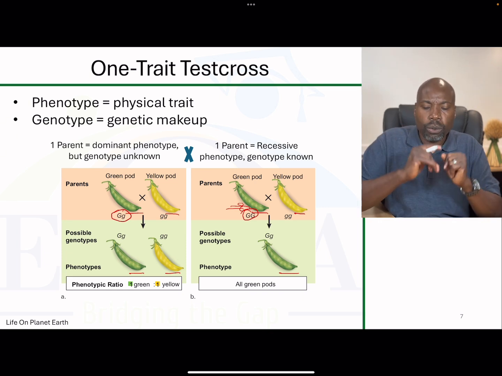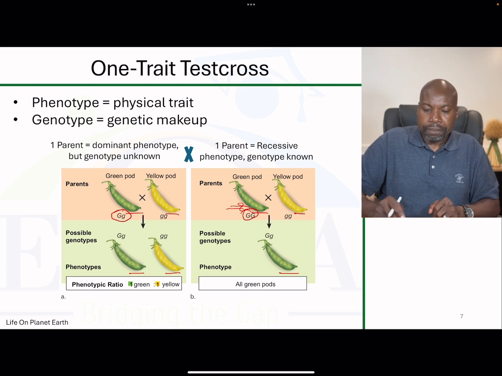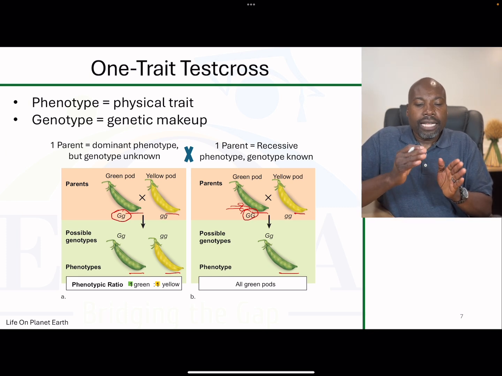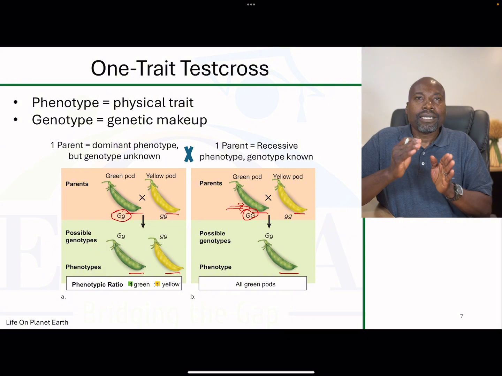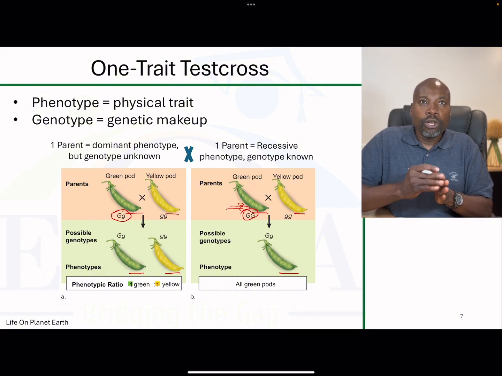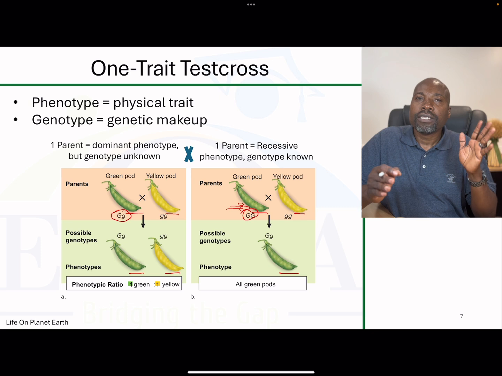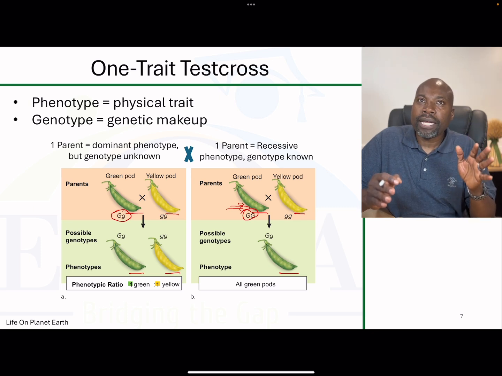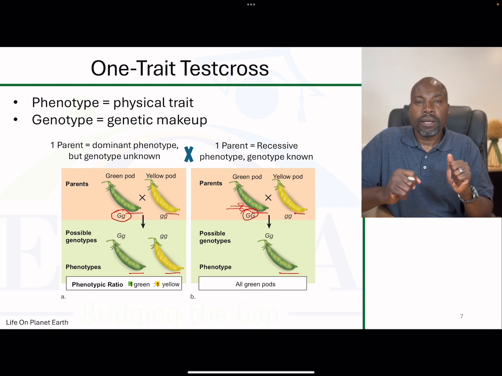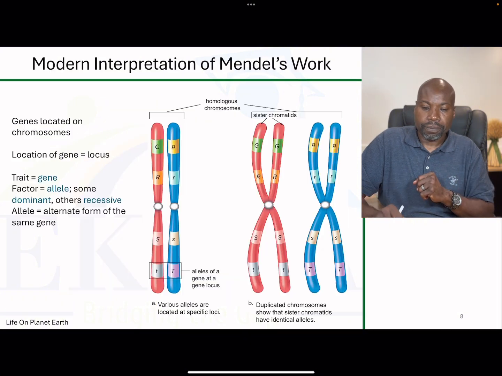Homozygous dominant. We are going to see that in a minute. So again, the one-trait test cross allows us, knowing one of the parents' genotype, to determine what the genotype of the unknown parent would be, okay, by way of two hypotheses.